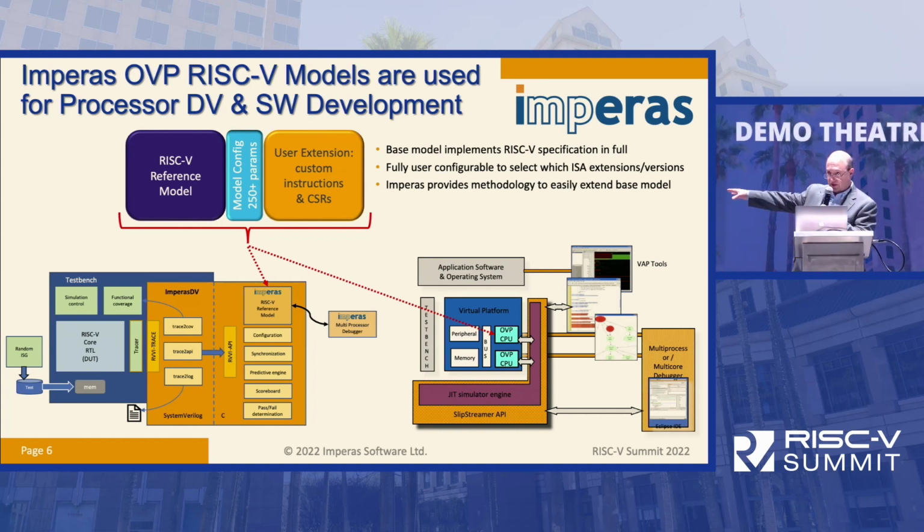And then we have the simulator engine and the tools, the same debugger here. And then the VAP tools are verification, analysis, and profiling tools. These are software tools, trace, code coverage, profiling, memory monitoring, and more, that are part of the simulation environment.